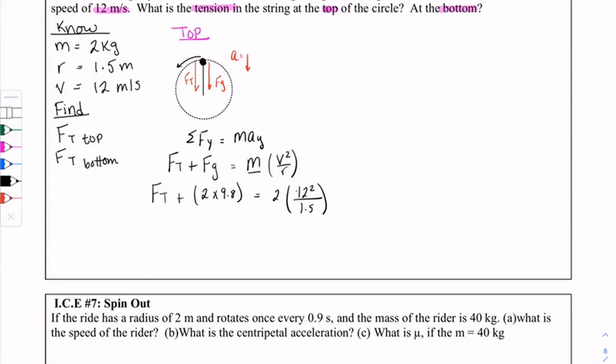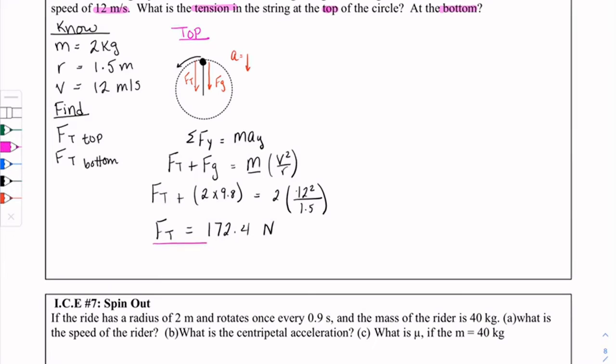Okay? And so I can use some math to find tension. Go ahead and pause the video, solve for the tension. And you should get for the tension 172.4 newtons.